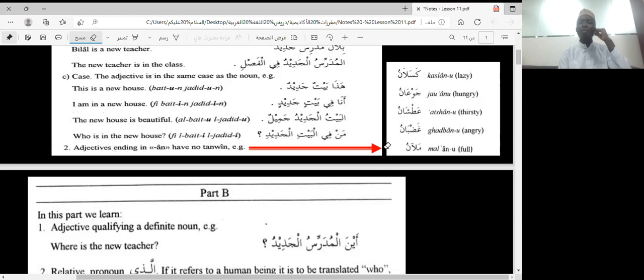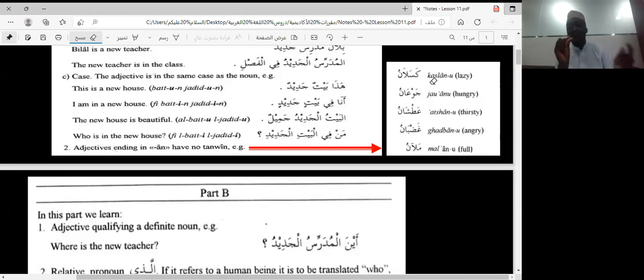So when you have these as adjectives, they don't come with tanween. With what? With tanween. So rajulun kaslanu. We don't say kaslanun. Do you understand? Because we said that it also follows the noun in case.